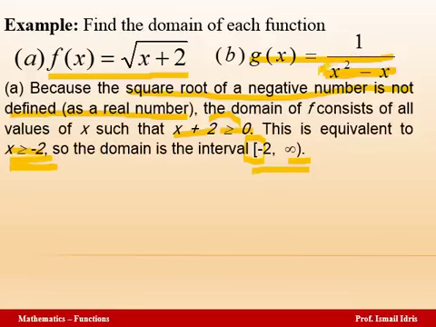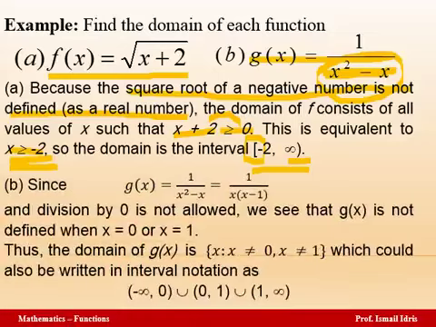So I have to exclude the values that will make the denominator equal 0. To find these values, we factorize the denominator. X squared minus x, we can take x as a common factor. So it will be x times x minus 1. I have x here, so x cannot be 0. I have x minus 1, so x cannot be 1.